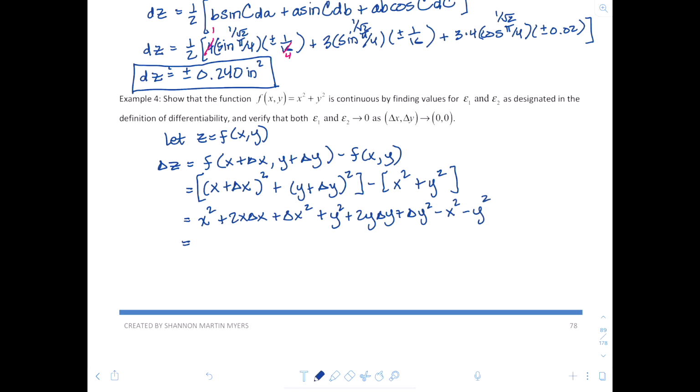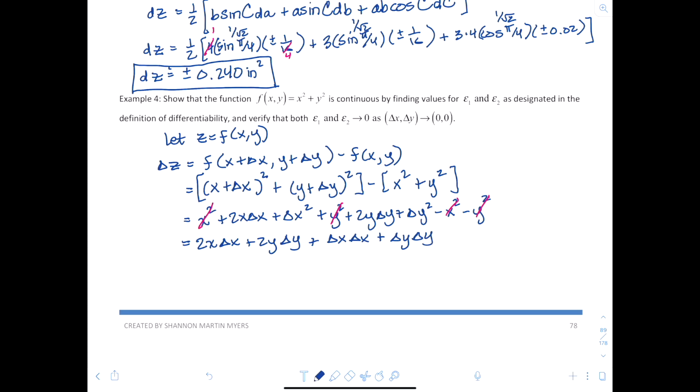So the x squared zeros out, the y squared zeros out, and then we will have 2x delta x plus 2y times delta y plus delta x times delta x, that's how I'm writing my delta x squared, and then plus delta y times delta y.